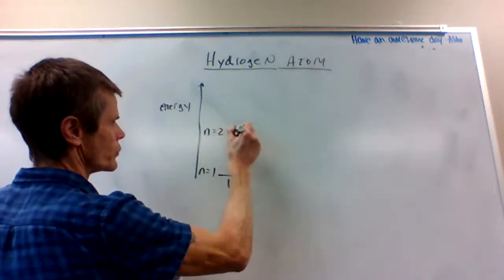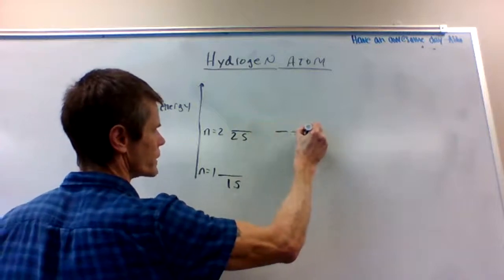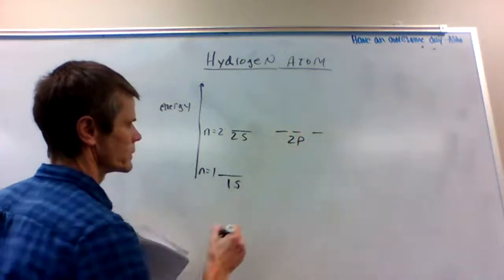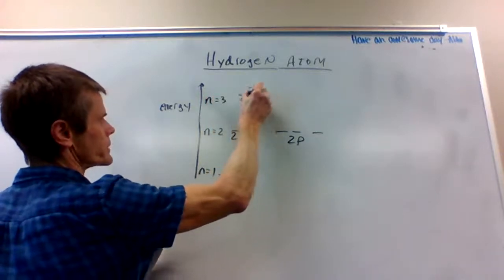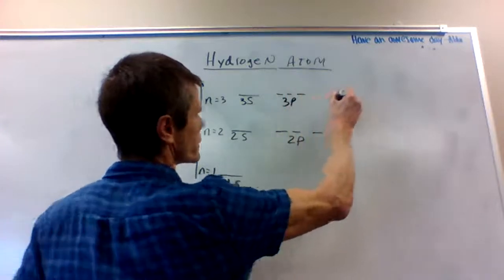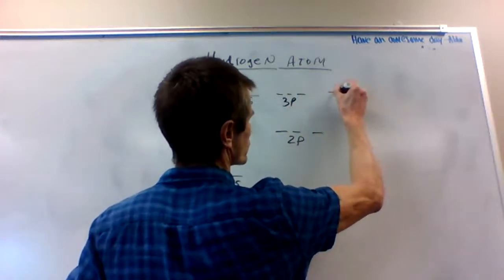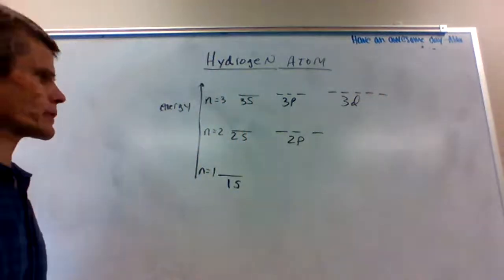When n is equal to 2, we have a 2s, and we have 2p orbitals. When n is equal to 3, we have 3s, 3p, and we would have 3d. So this is what we call an energy level diagram.